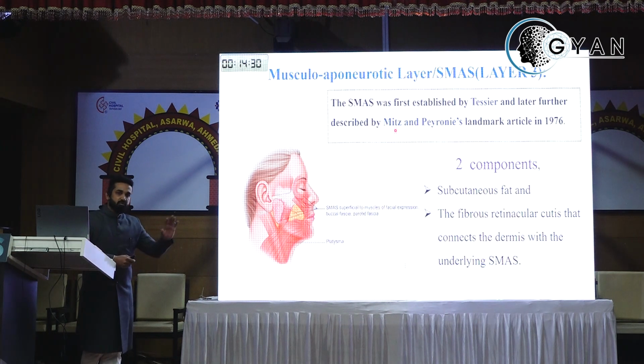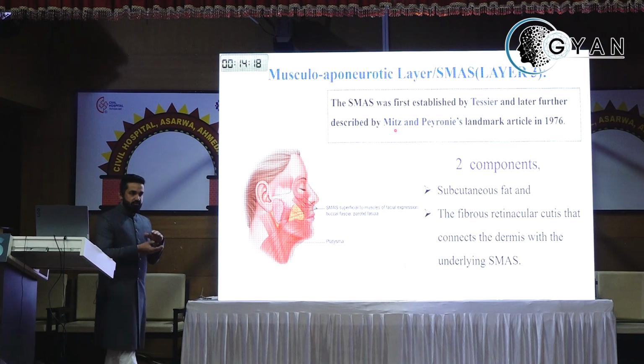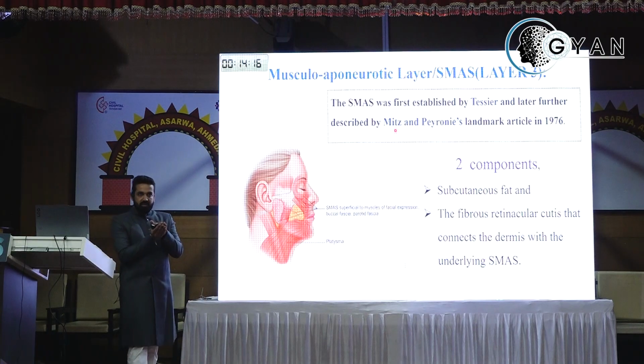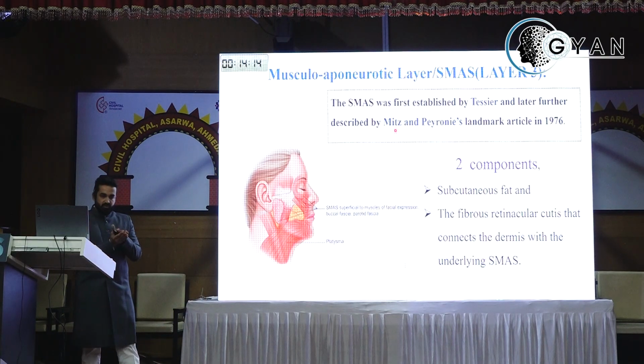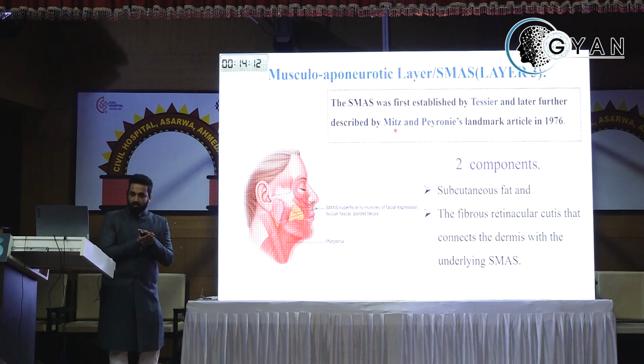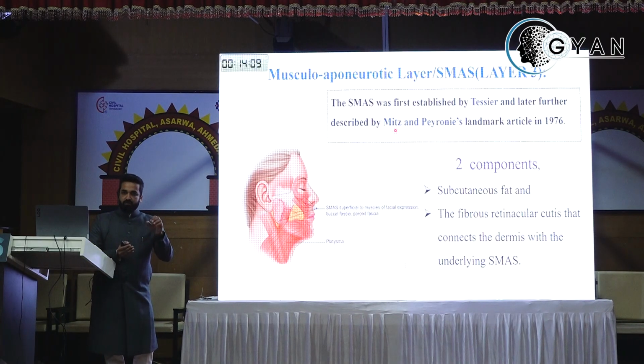It is basically a fibrofatty tissue which is laminating the muscle. And yesterday we were having a talk about the SMAS layer. It is just like when you buy a shirt from a mall, you see there is a layer of paper in between the folds. So it prevents wrinkling from happening in the clothes. SMAS kind of does something similar.